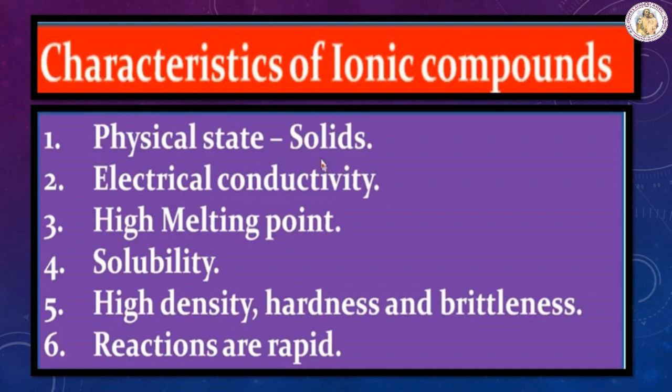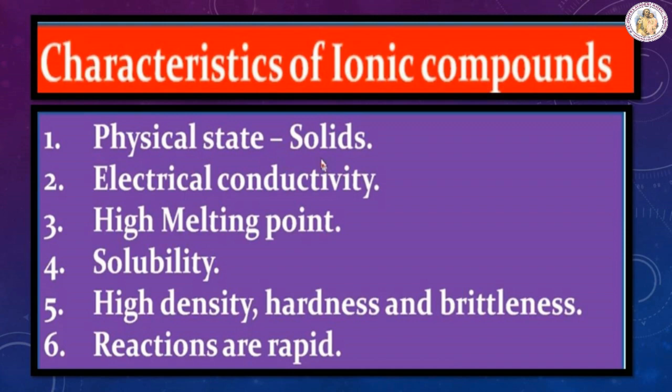Now we'll see the characteristics of ionic compounds. First, physical state. Ionic compounds are solid at room temperature. Next is electrical conductivity. In molten state, they conduct electricity. Next is melting point.